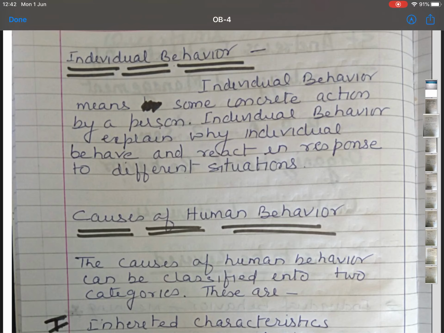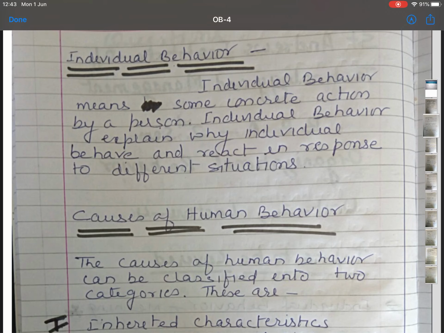In fact, individual behavior is not a self-induced concept, but it is affected by a larger system like family, group, and society within which one functions. Besides, individuals will behave differently depending upon their motivation, value, attitude, and perception.